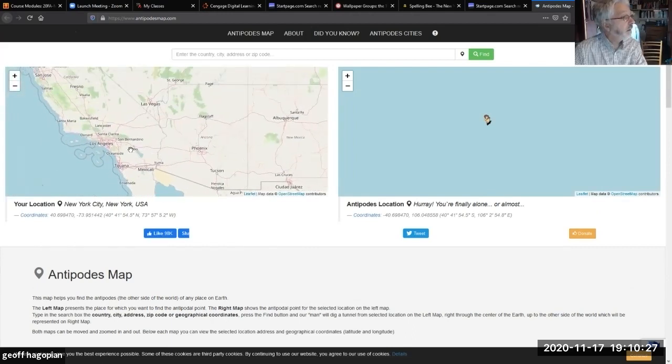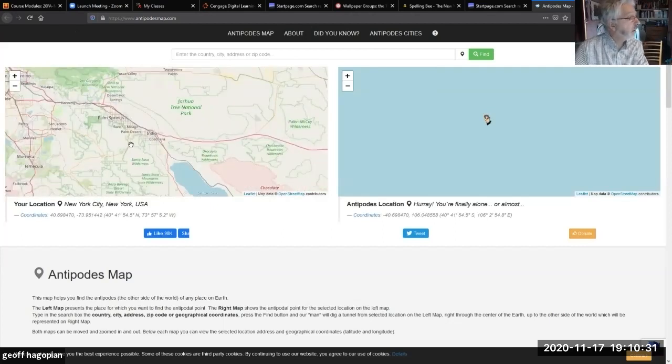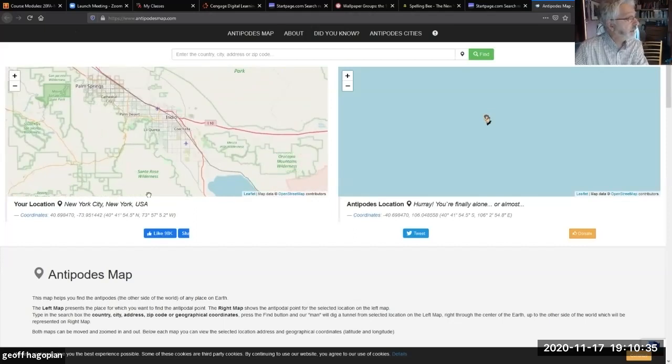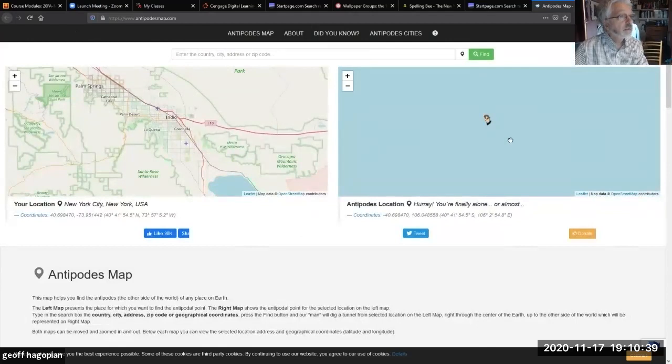What's our latitude, longitude there? Oh, well, that's New York. Is this the antipode for where we are? No. Okay, how about Palm Desert, California?